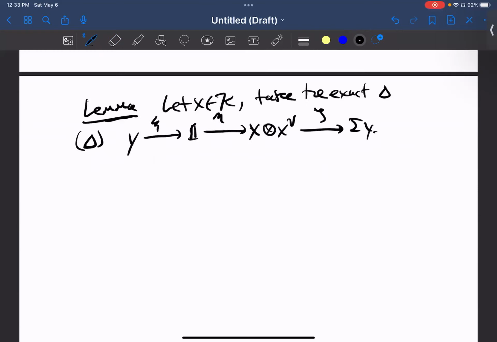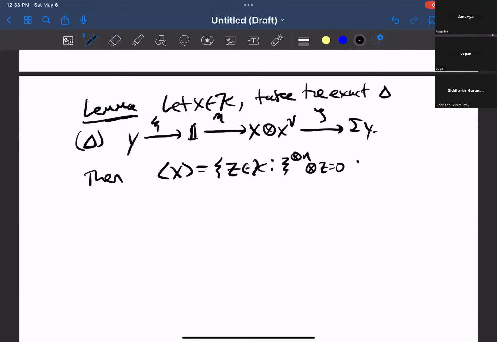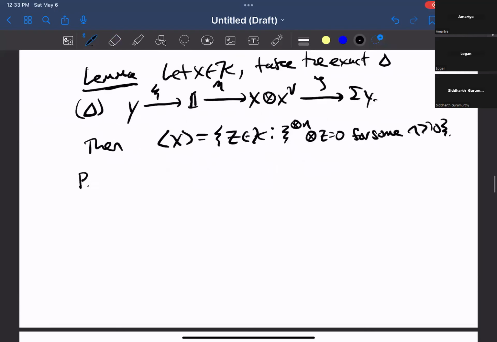All right. Then the ideal generated by X is nothing but the set of Z, an element of K, such that C to the tensor N, tensor Z, is equal to 0 for some N much greater than 0. All right, now let's prove this.